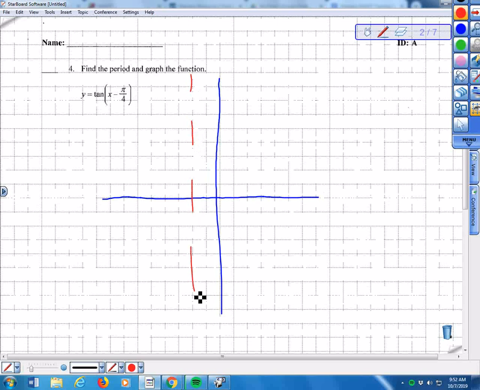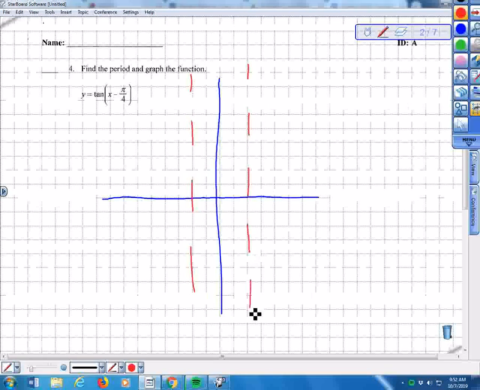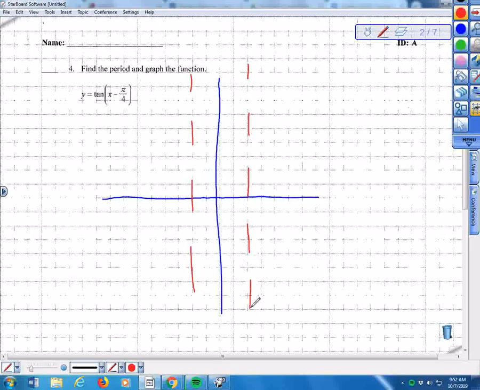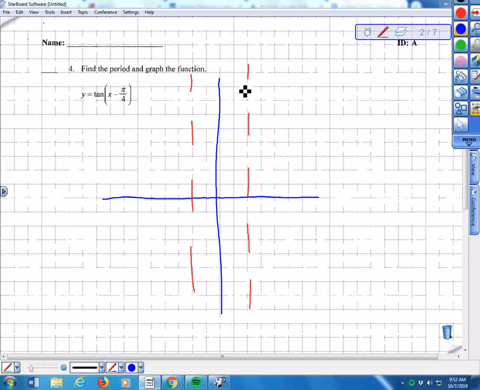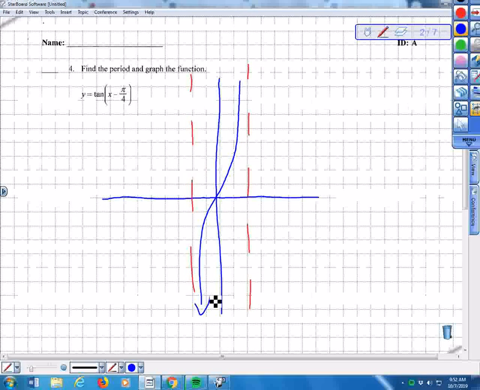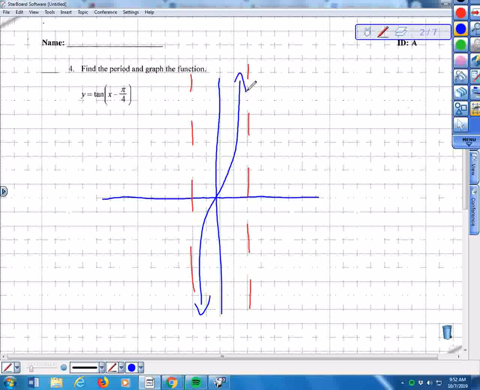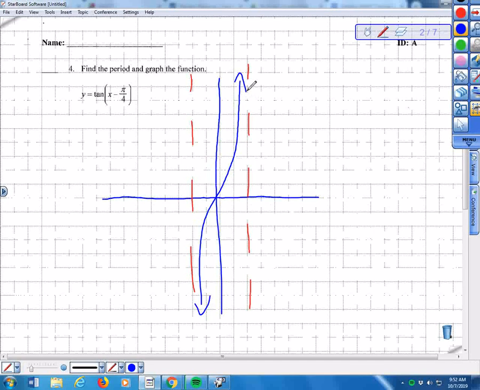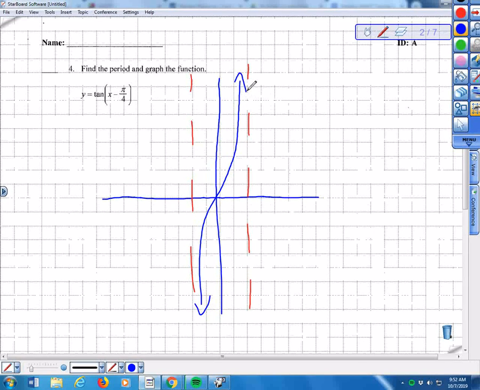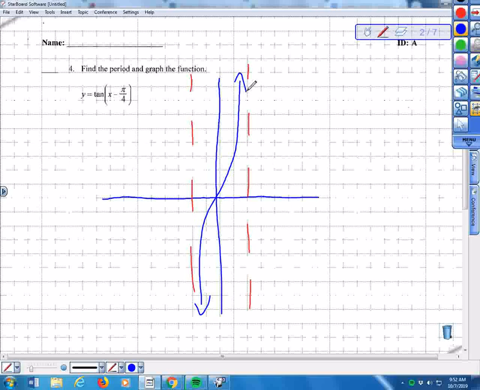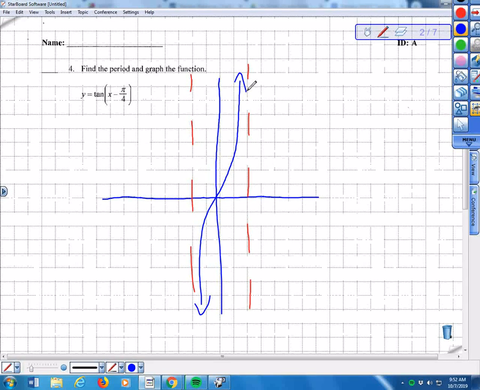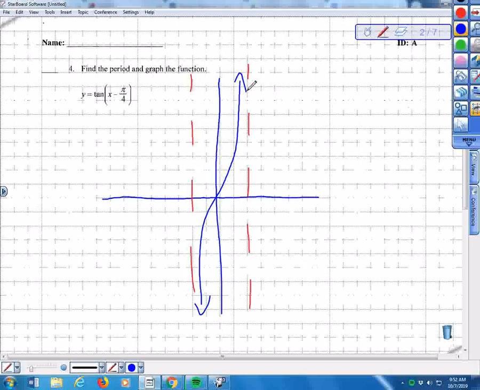So if I just draw one period and I draw my graph, it's going to look something like this. That's what normally tangent looks like. Now it's wanting me to shift which direction? Right pi over 4. Okay? So if this is pi over 2, all I'm going to do is shift it right pi over 4 units, and everything just moves.